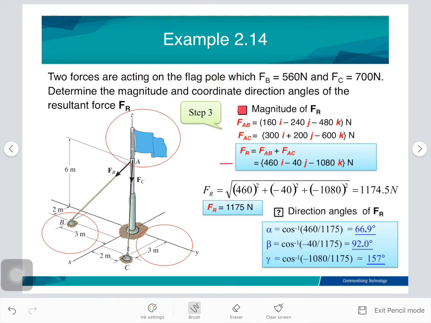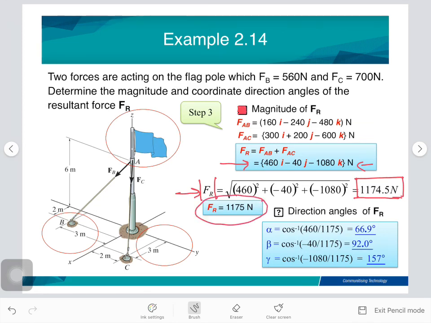Here is the vector for the force resultant, which we get as 400i minus 40j minus 1080k. After we get the force resultant vector, we can determine the magnitude. The symbol for magnitude is the modulus. FR is equal to, you substitute into this equation, and the answer for the magnitude of the force resultant is 1174.5 Newton. You can round it up like this.